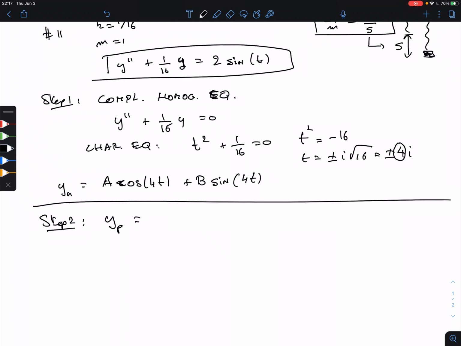It's not the A and B over there yet. So A cosine. Now what? Well, it's now the argument that we have here that we have to use. Don't confuse with this 4t here. It's this t.